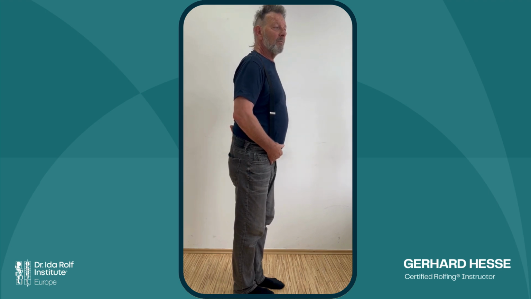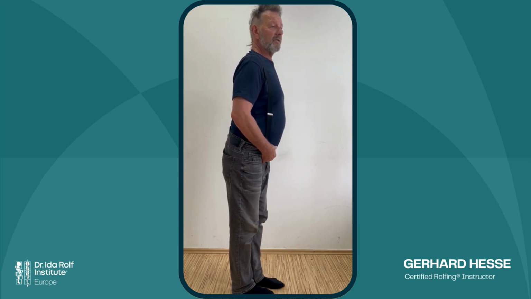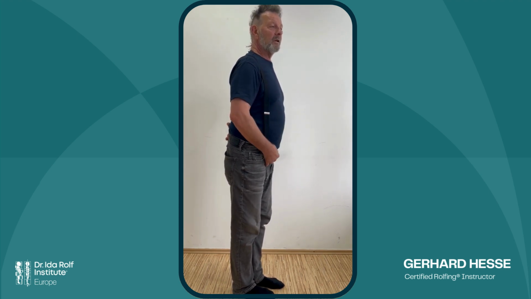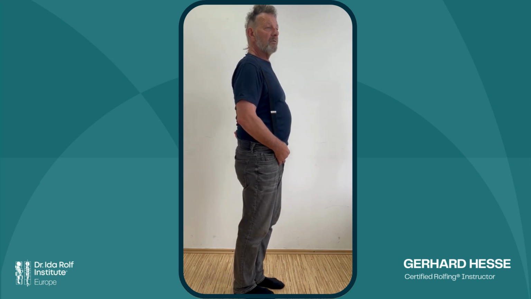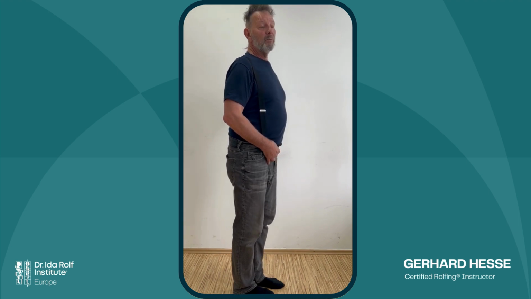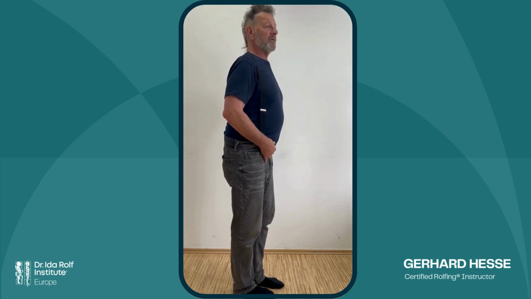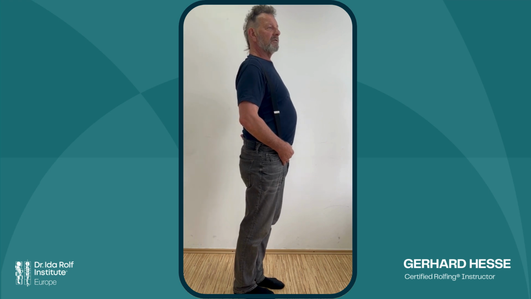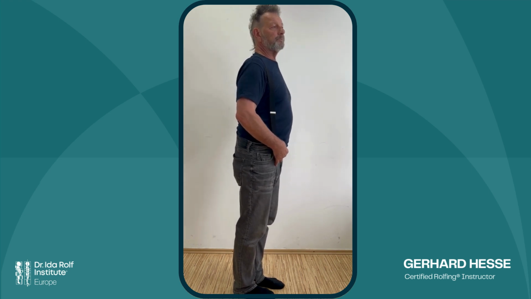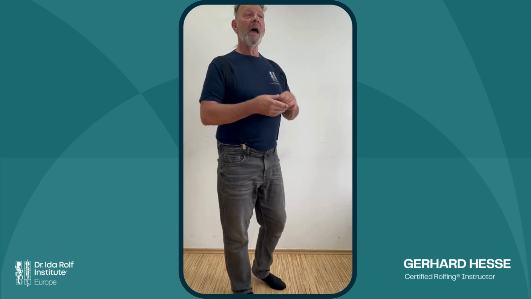That means we have a posterior shift with an anterior tilt, a regular internal. An anterior shift with a posterior tilt, a regular external. And then we have what we call the symmetrical ones, posterior shift with posterior tilt, anterior shift with anterior tilt. And with some subtypes, as we will see a little later.